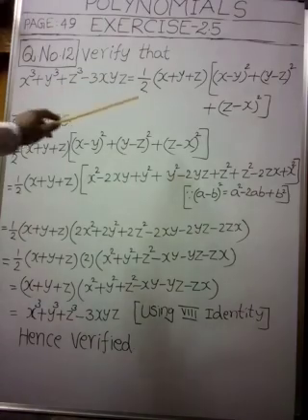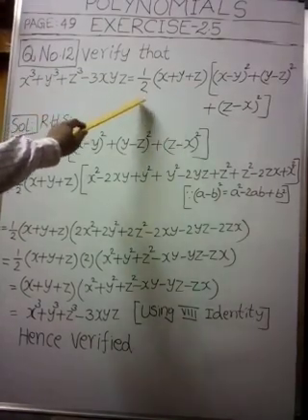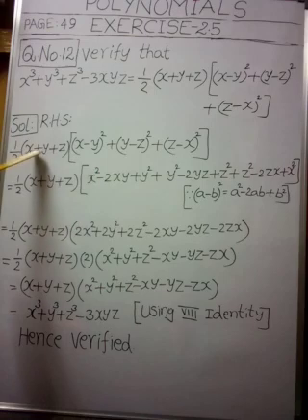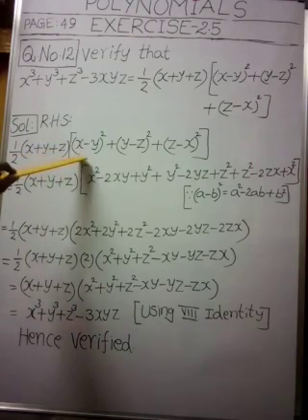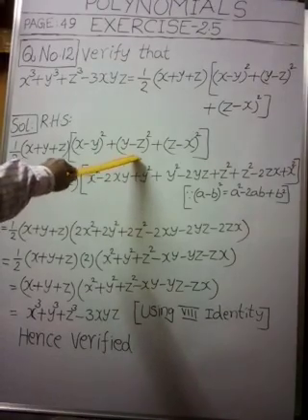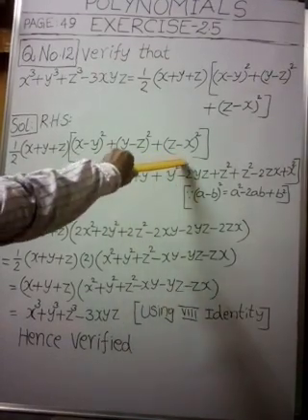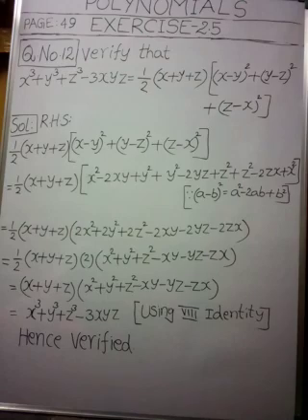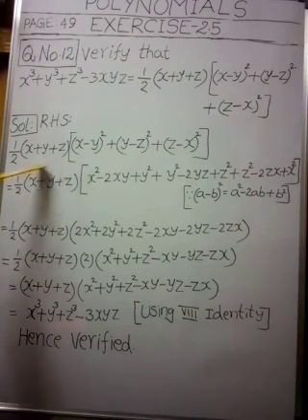What is RHS of this statement? 1 by 2 of x plus y plus z into x minus y whole square plus y minus z whole square plus z minus x whole square. I have taken RHS of the given statement. Okay, my dear children? Right. We write this part as it is.